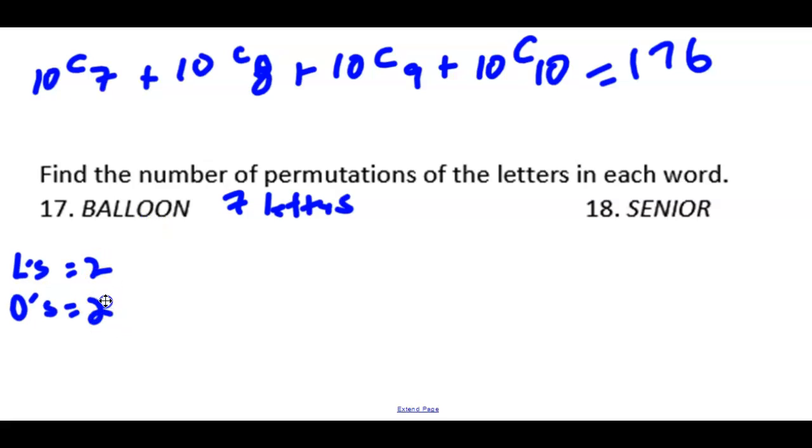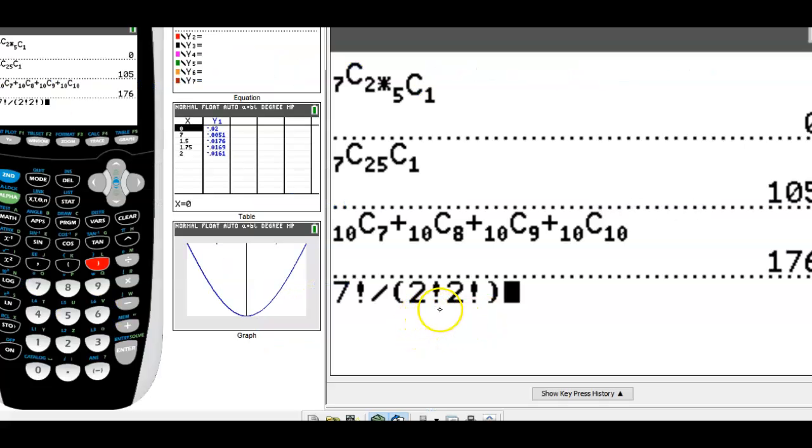So they repeat. What we're going to do with the repeat letters is make those factorials. So we take our total 7 letters and divide by our 2 repeats: 2 factorial, 2 factorial. I'm going to go to the calculator. Now I think the thing to remember here is, make sure you put your denominator in parentheses.